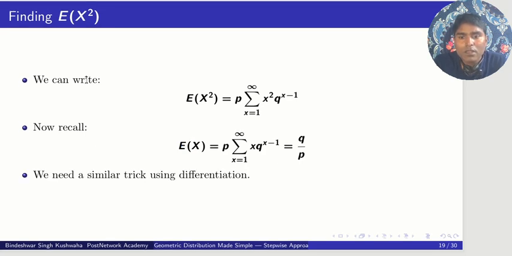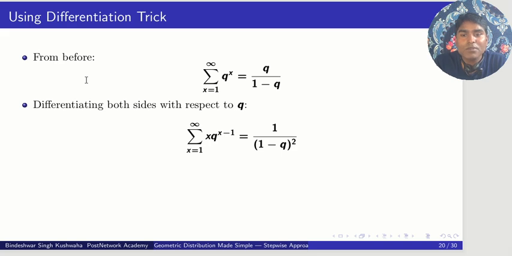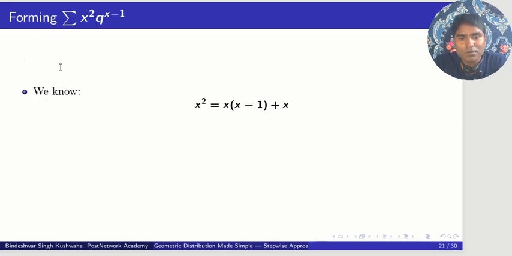Thereafter we need a similar trick using differentiation, the same trick we used to calculate the expected value of x. So here the sum of q raised x is q upon 1 minus q. If we differentiate both sides with respect to q, we will get this expression 1 upon 1 minus q square, and thereafter if we differentiate again we get 2 upon 1 minus q raised 3.